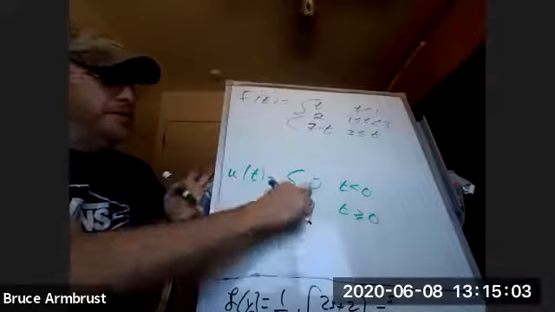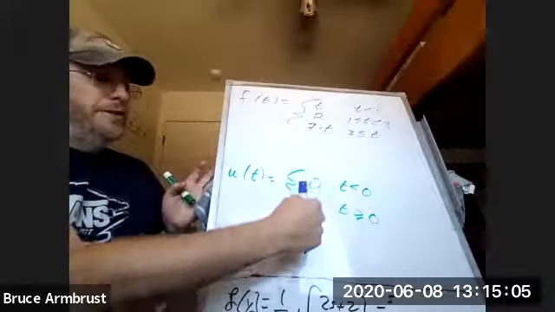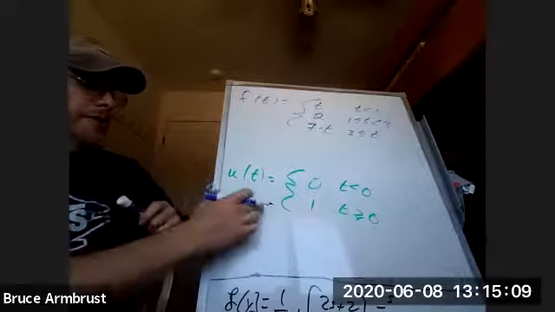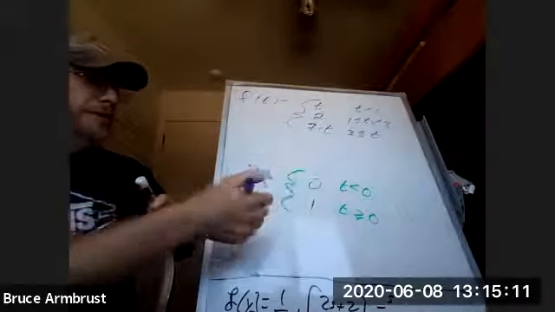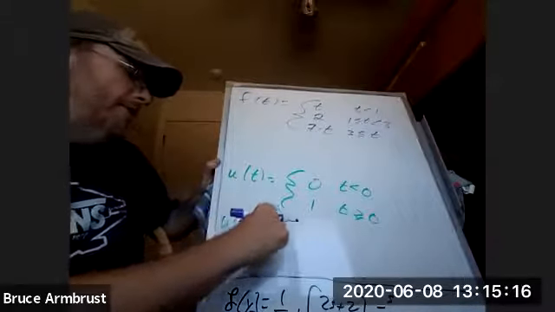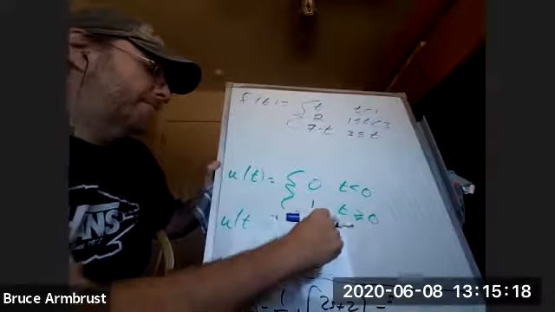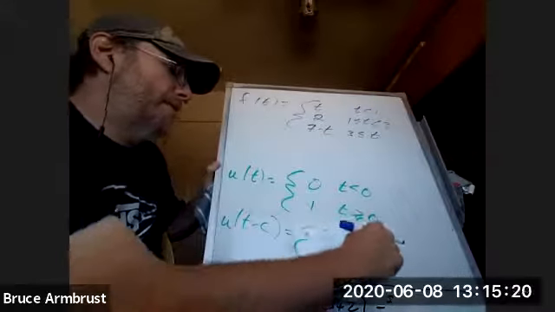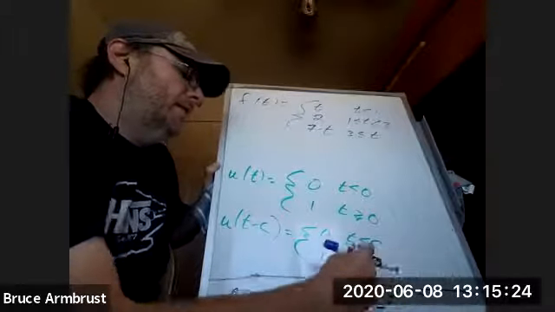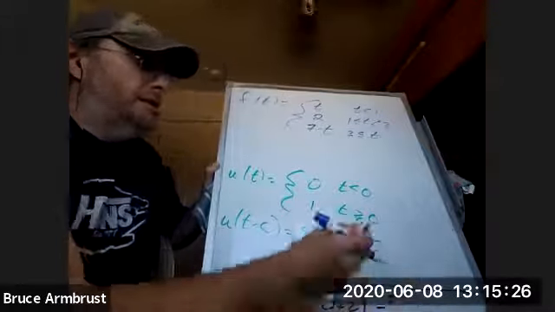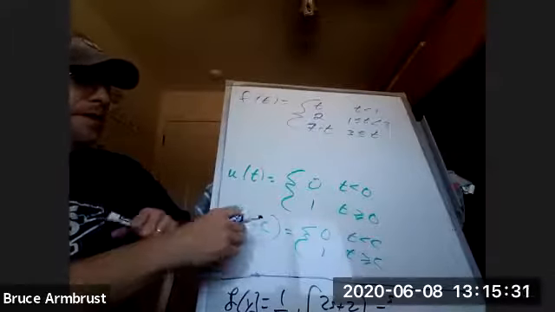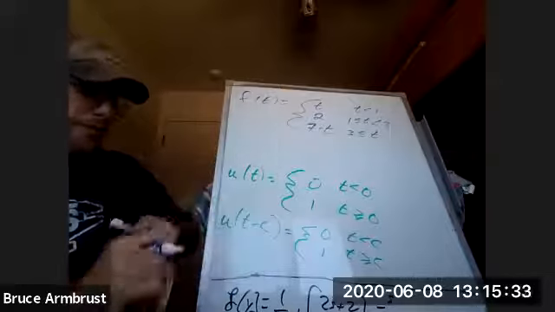It's off until we hit 0, and then it turns on. And we can also shift these so that we're not starting at 0, but anywhere. All you have to do is do a t minus c. Basically that looks the same, except now where we're switching on is at t equals c. So that's all you got to do to shift it over.